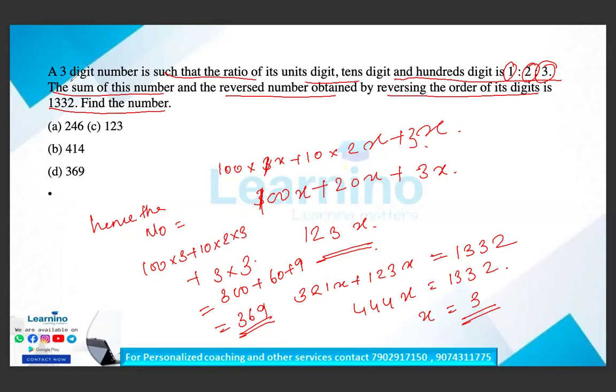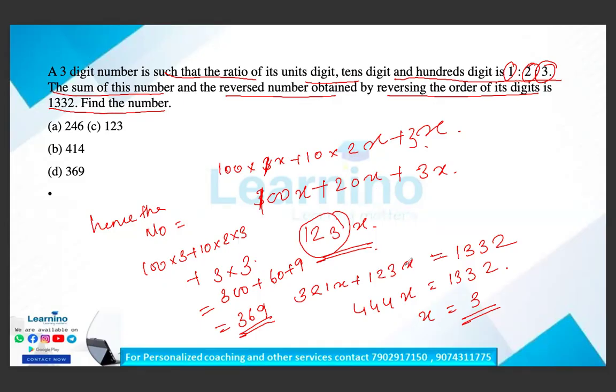Here the question says a 3-digit number is such that the ratio of unit digit, tens digit and hundreds digit is 1:2:3. The sum of this number and the reverse number is 1332. That is 1, 2, 3 and reversing the order 3, 2, 1.